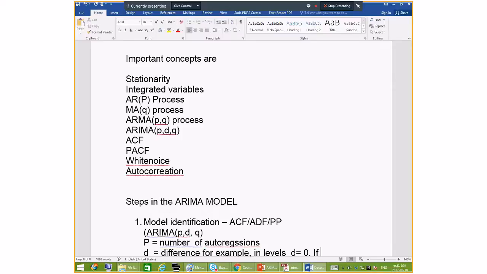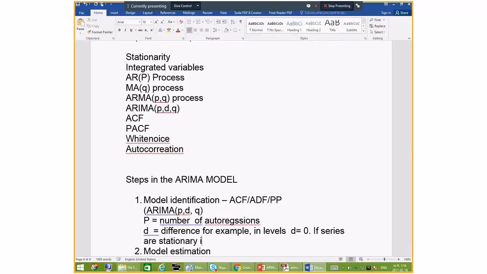If series are stationary in first difference, then D equals 1. If the series are stationary in second difference, then D equals 2, like that.